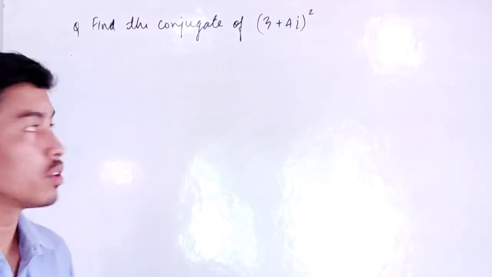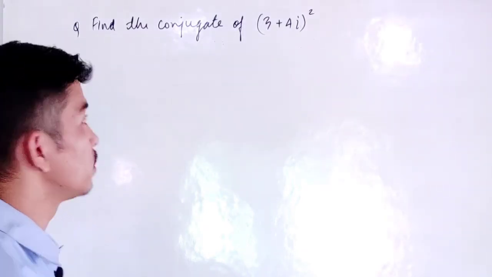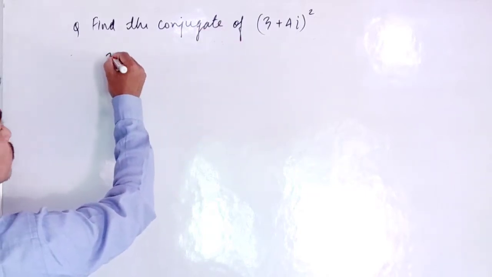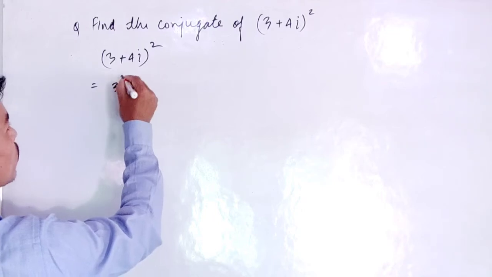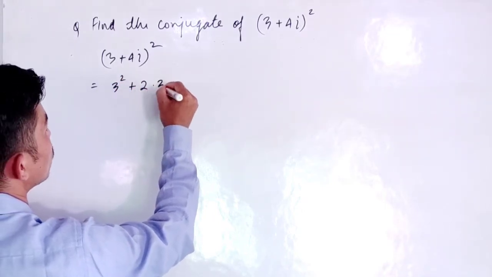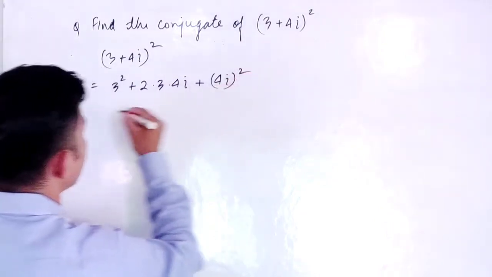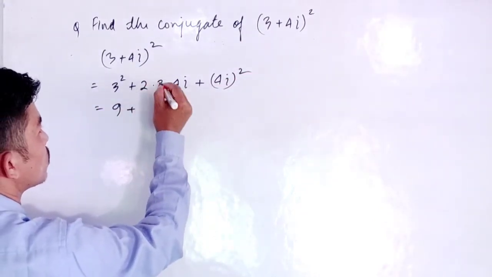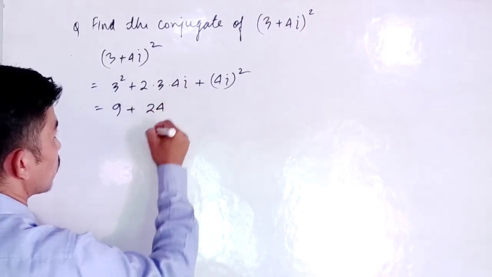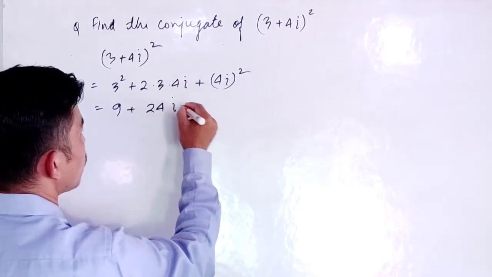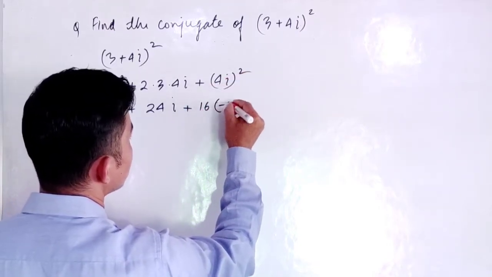Now I have taken another question that tells me to find the conjugate of 3 plus 4i whole square. What will I do? I will simply expand that one. 3 plus 4i whole square equals 3 square plus 2ab, 2 into 3 into 4i, plus 4i whole square. So this will be 9 plus 24i, since 2 threes are 6 and 6 fours are 24, plus 4 square is 16 and i square is minus 1.